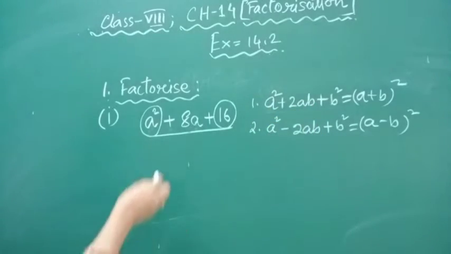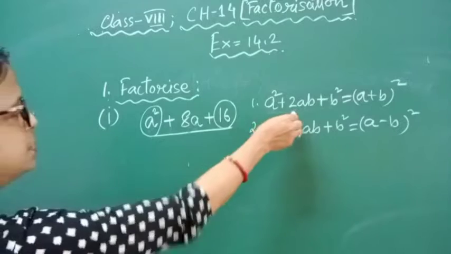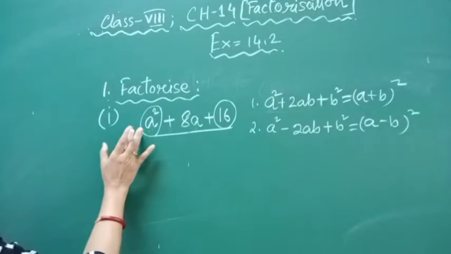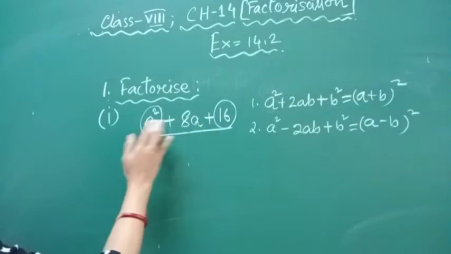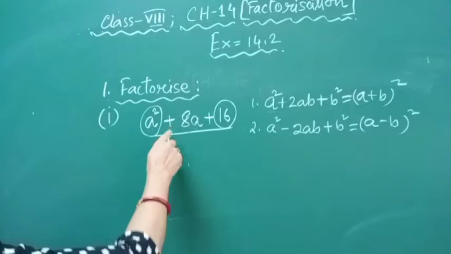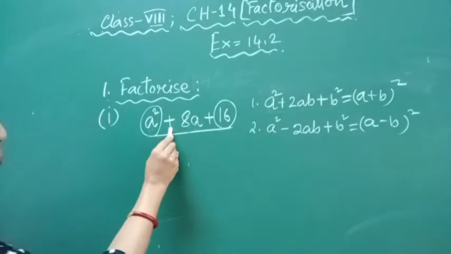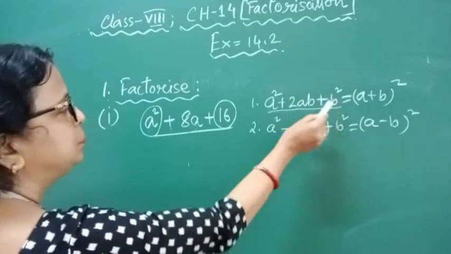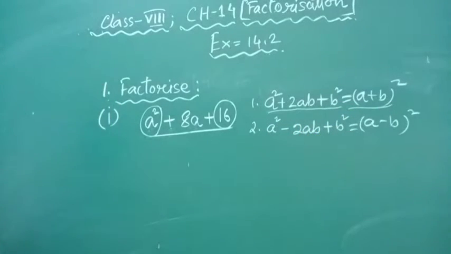Let's check. Because both the first term and the last term, that means the third term, are square numbers, and the middle term also has a positive sign, we will try to compare this with a square plus 2ab plus b square to make it a plus b whole square. Let's try.